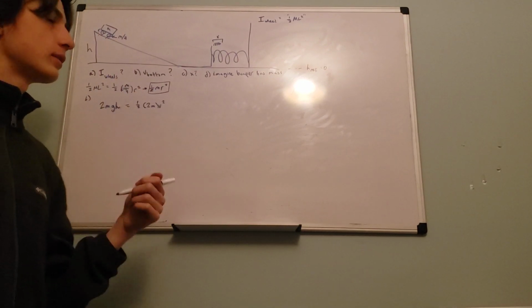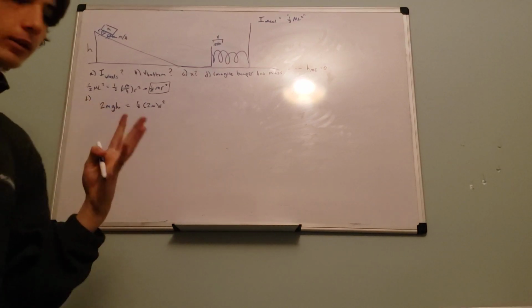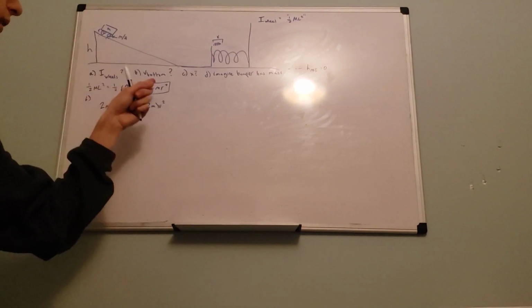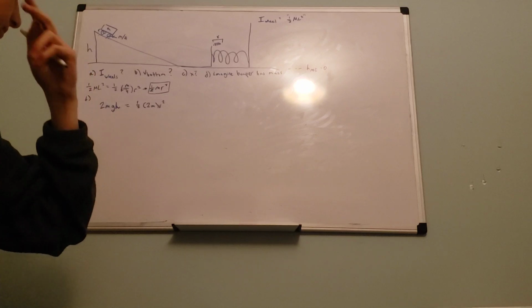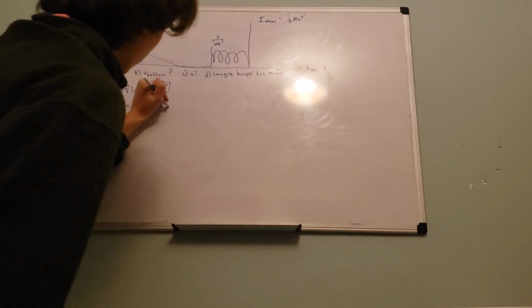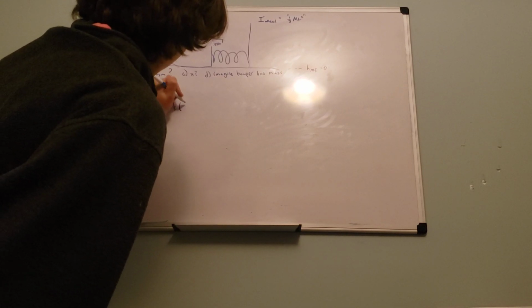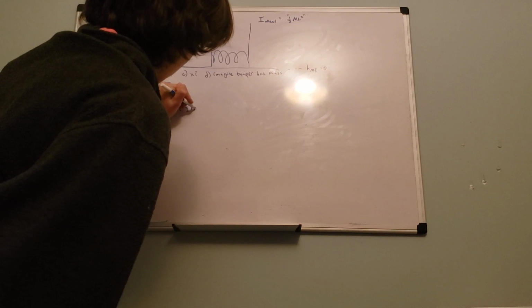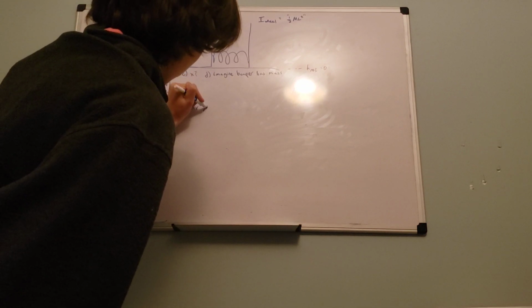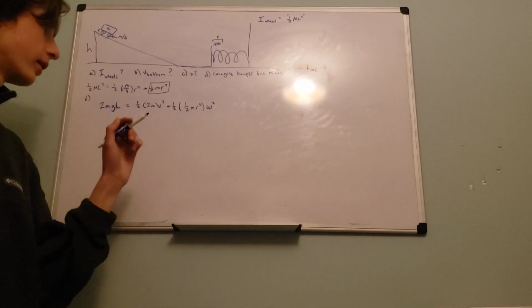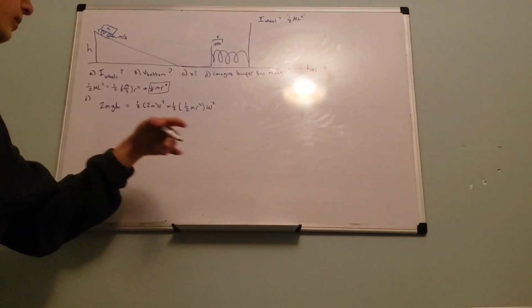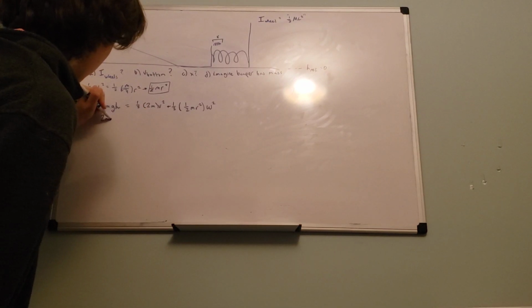However, the cart itself is not rotating, only the 4 wheels are rotating. So we just use the moment of inertia for the 4 wheels, 1/2 times the moment of inertia times omega squared. Then I'll do a little bit of algebra to simplify.